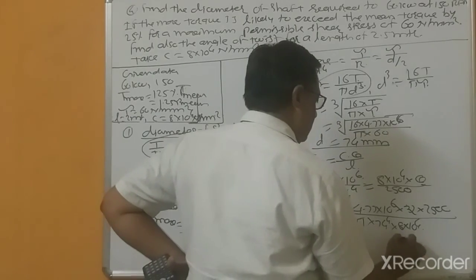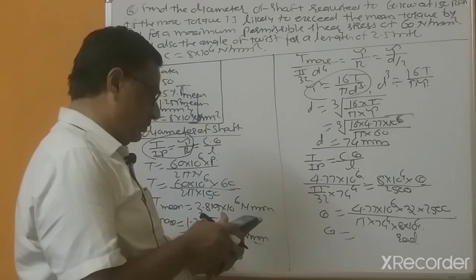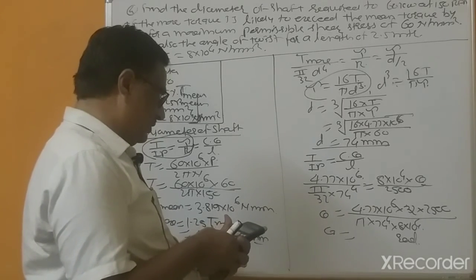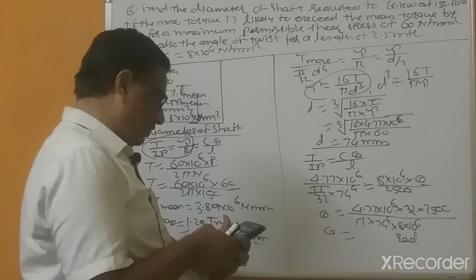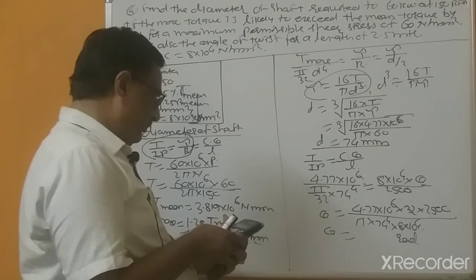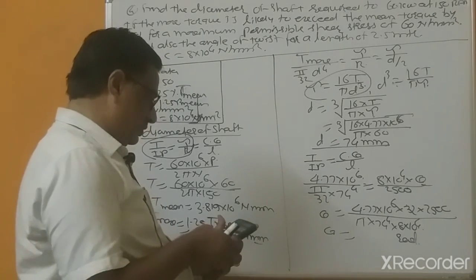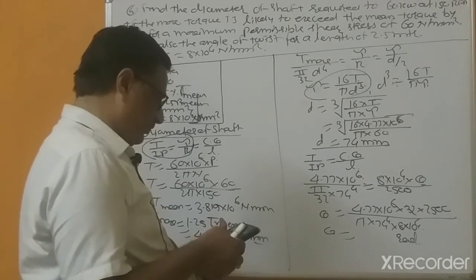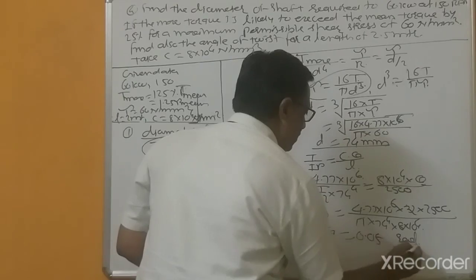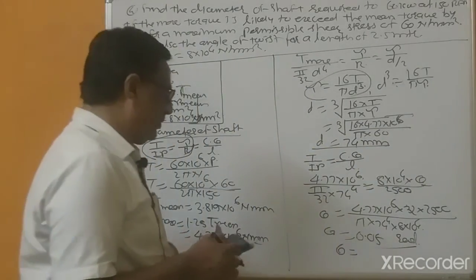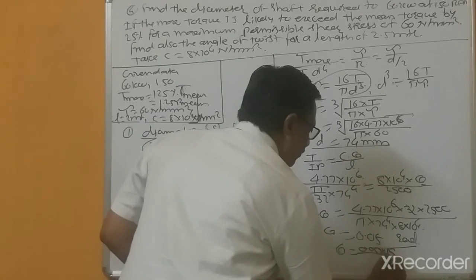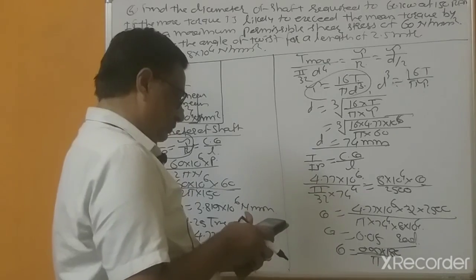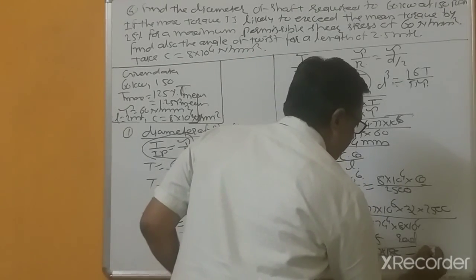So this is in radian, 0.045 radians, and in terms of degrees means multiplied by 180 divided by pi. This is equal to 2.9 degrees.